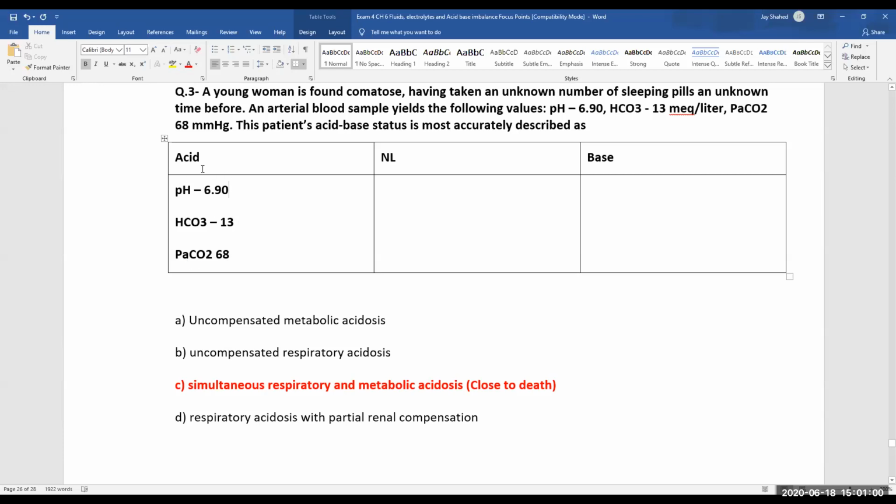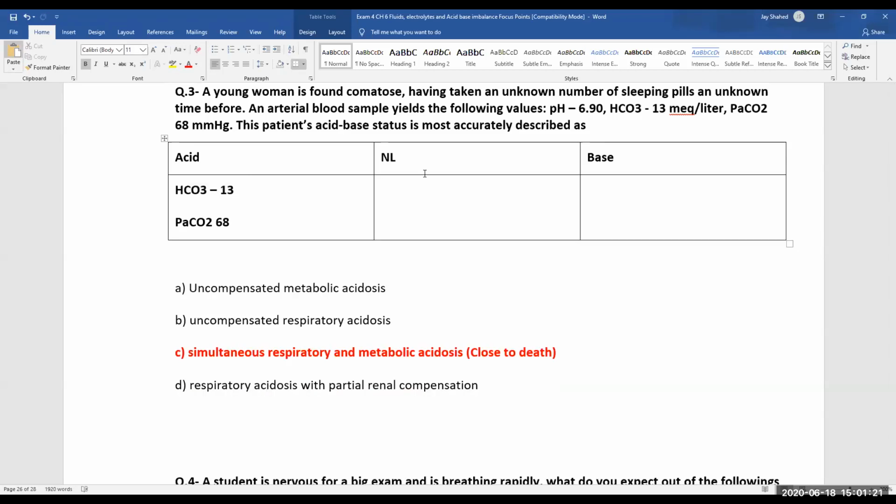Can I have this and this? Is this compensated or uncompensated here? Uncompensated, 6.90. All right, so this one is what? This is acidotic. How about if I move this here? If I put down 7.22, no, hold on, 37.